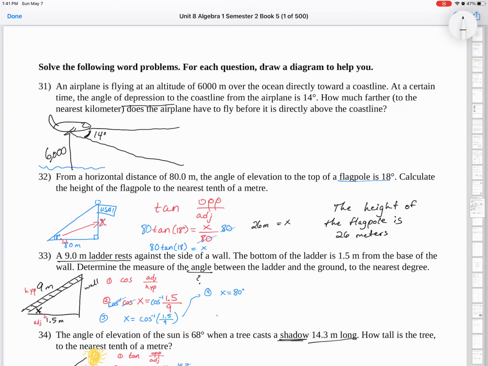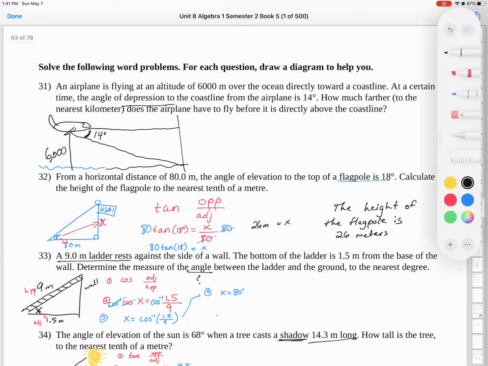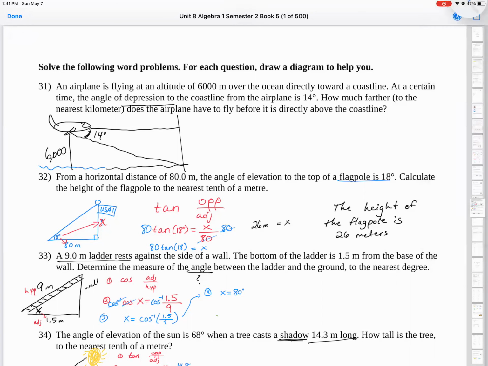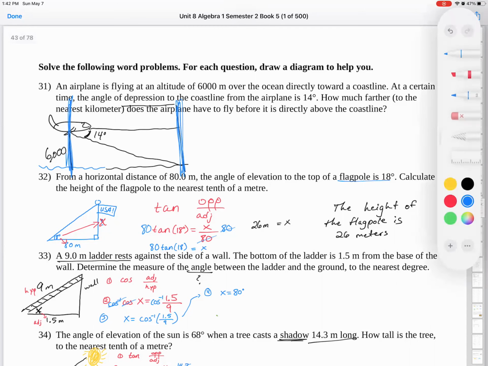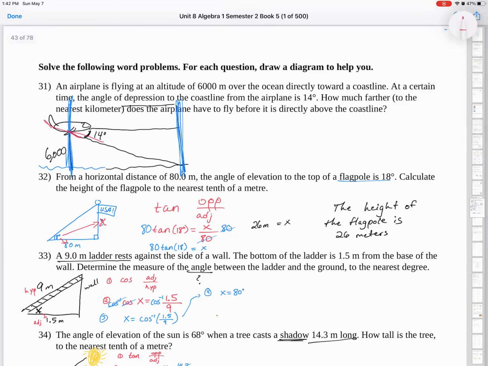Well, if you recall, and again, if we haven't gotten to this in the year, I know for this year we have, but if you haven't, that's okay. For angle of depression, recall parallel lines sliced with a transversal, right? Imagine this is a parallel line with this guy, and then this red line is acting as our transversal.